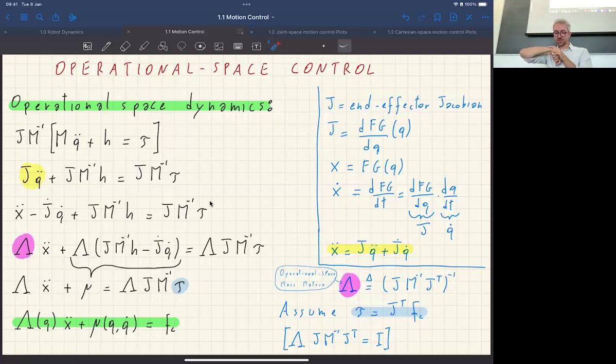And so in that case, as with all Cartesian, not all, but most Cartesian space control methods, when you have a singular Jacobian, it's problematic. So what you can do in practice is that instead of taking the inverse, you could take the pseudo inverse, or you could add some regularization.